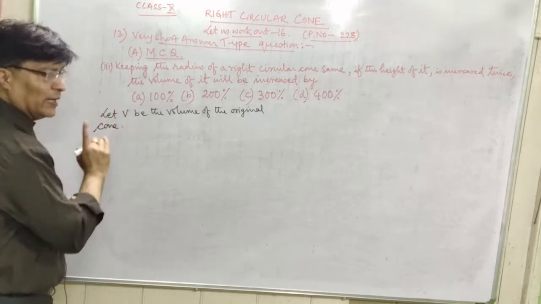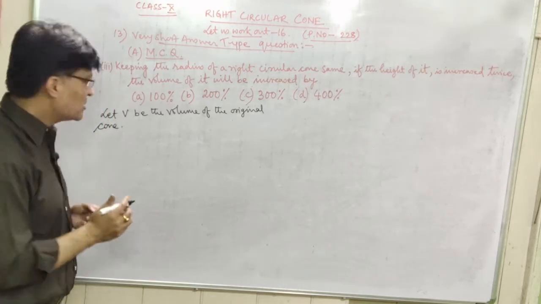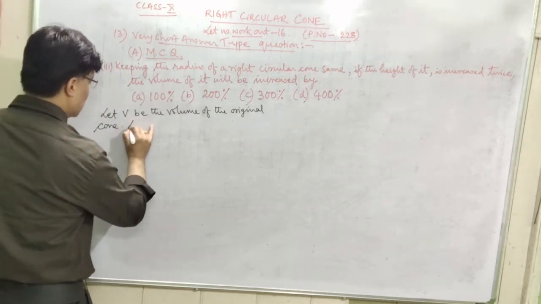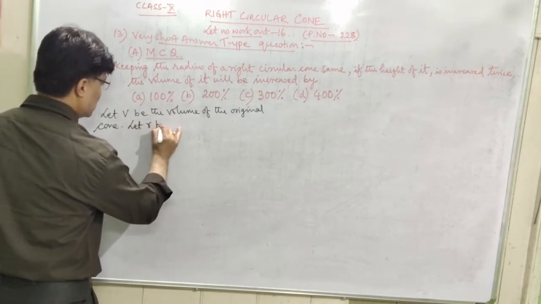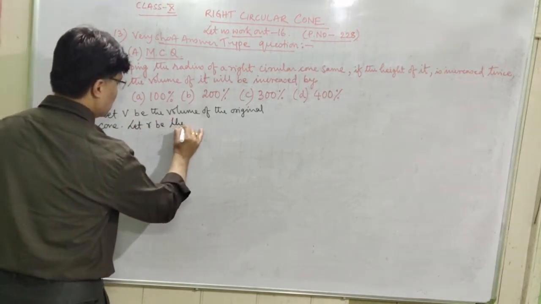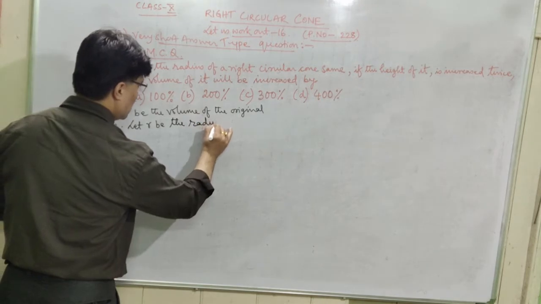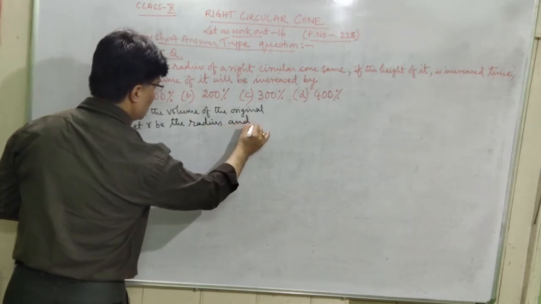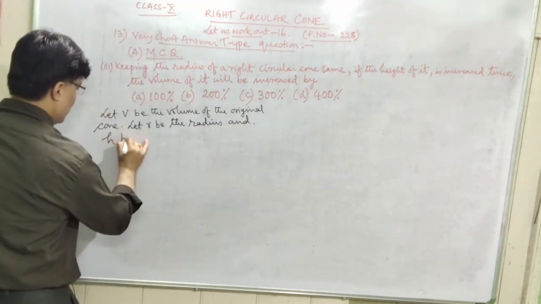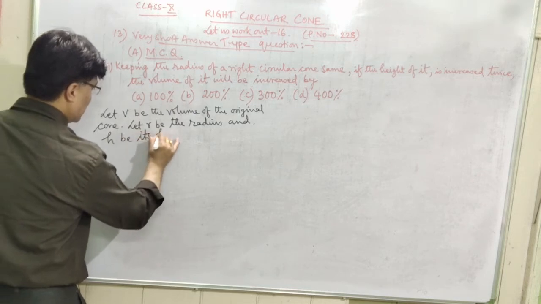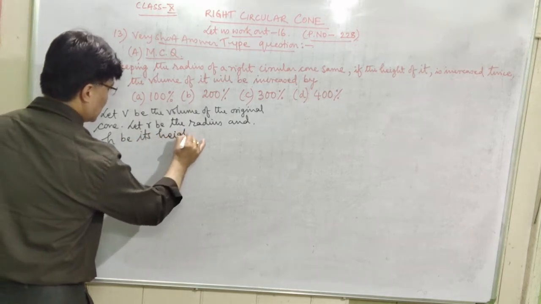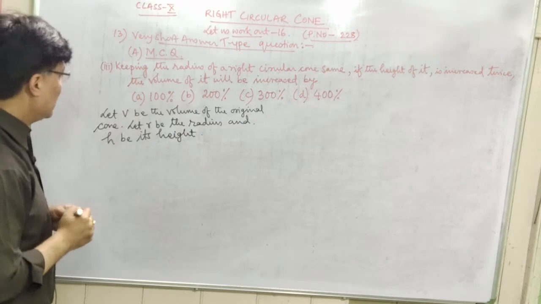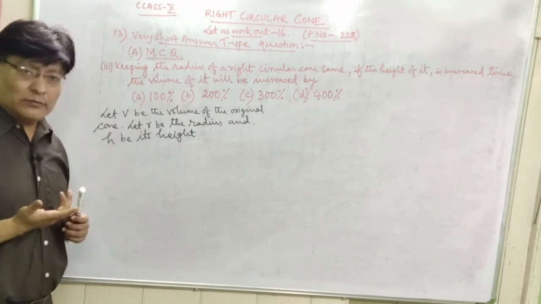So let us assume its radius and height. Let R be its radius and H be its height. Okay. Let V be the volume of the original cone.